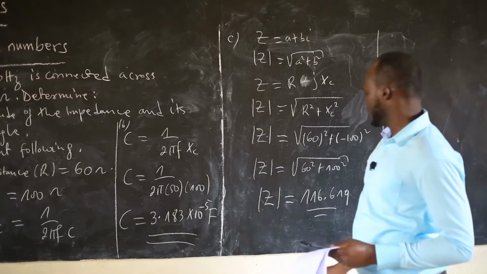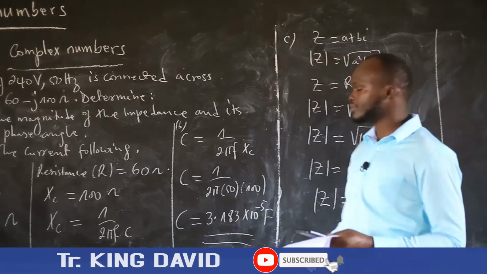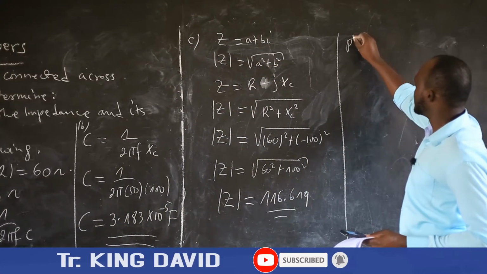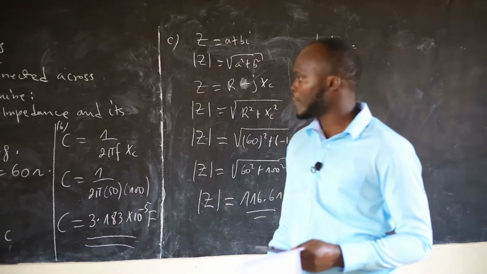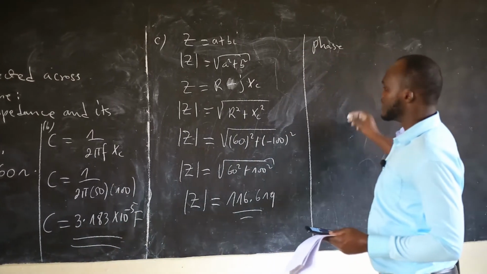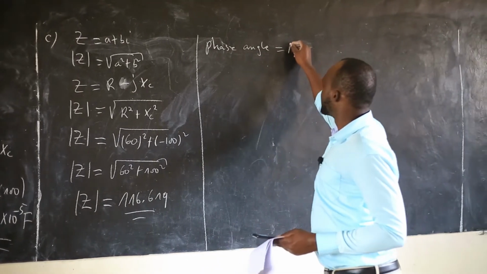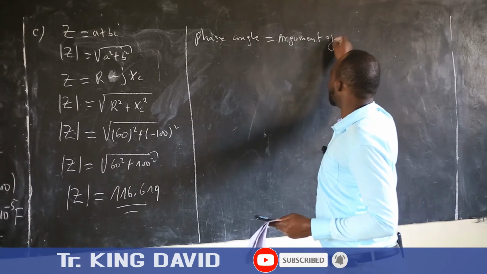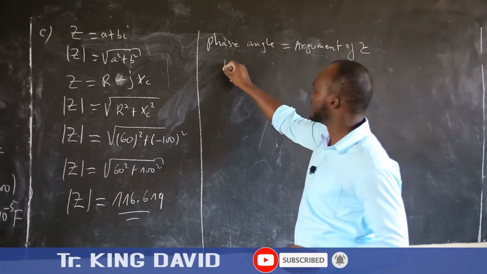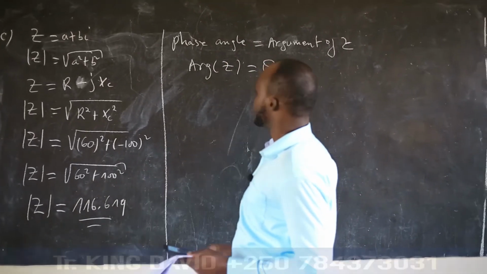And they have asked to find the magnitude and its phase angle. Phase angle is the same as the argument of Z, which is the angle.